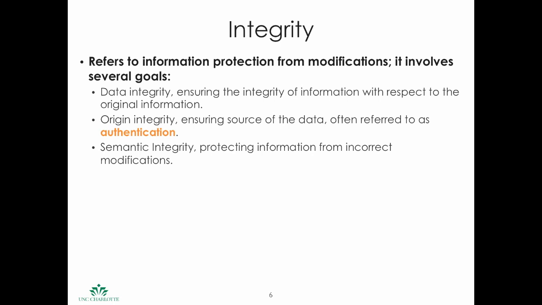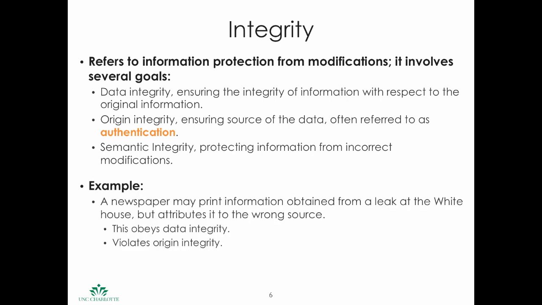Therefore, integrity involves several goals: data integrity, which ensures the original information is not modified; origin integrity, which ensures that the source of data is not modified, and this is usually maintained through authentication. Similarly, there is semantic integrity, which enforces the logical meaning of the data and its relationships.